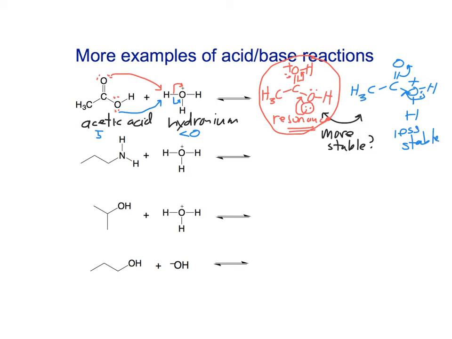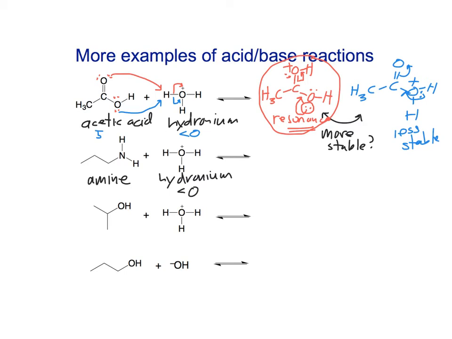Let's look at the next one. Here, this is called an amine. We could just classify it together with ammonia that we saw on the last slide. And this is hydronium ion. Hydronium ion we know is very acidic, has a pKa of less than 0.